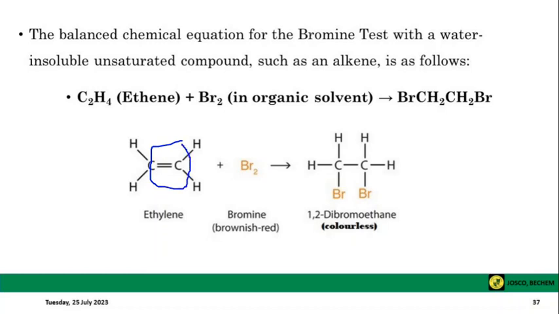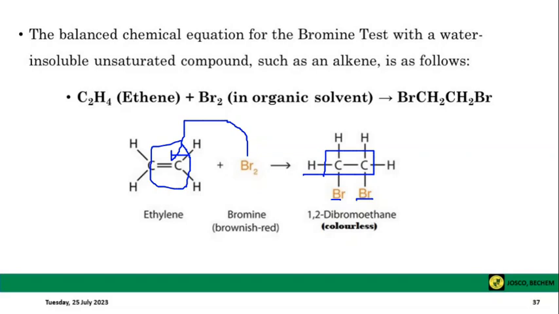Remember what we said about the addition of the bromine. It is going to break the double bond or add on to it. As you can see here, the carbon-carbon double bond is now broken to form a single bond, with the bromine being attached to it.